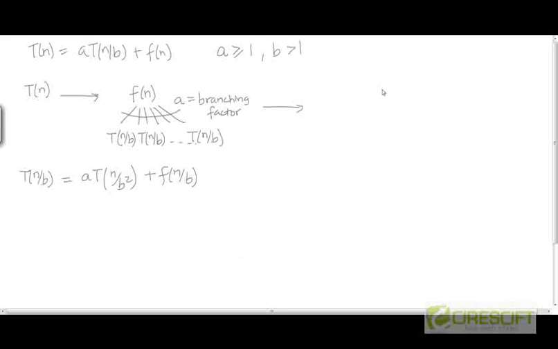So in the next round, we will end up with a nodes at the first level, each of which will be f of n by b.